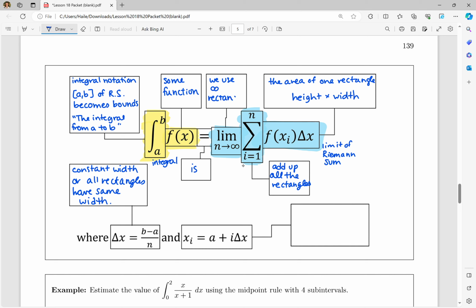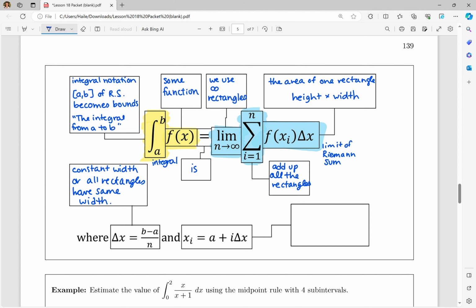Okay, so that's what we're doing. So we're cutting it up in a bunch of little strips that are rectangular. We're finding the area of each one, we're adding them up, and then we're saying, okay, I want an infinite number of rectangles. So let the number of rectangles n go to infinity. All right. The last thing is just this x sub i.